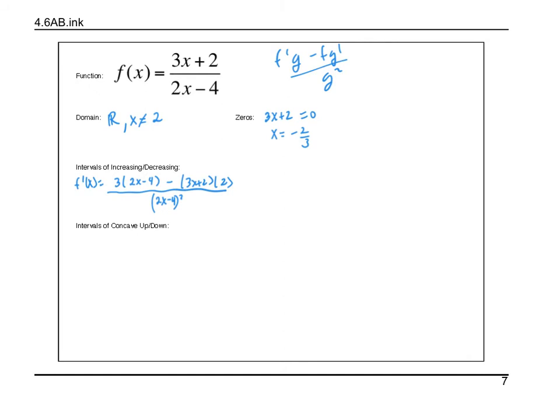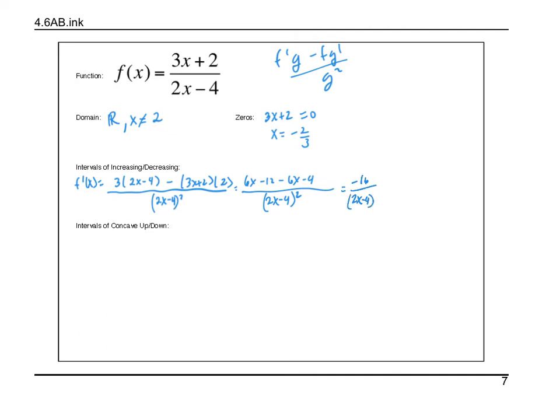So simplifying the numerator, you get 6x minus 12 minus, make sure you subtract both terms, 6x minus 4 over 2x minus 4 squared, which the 6x's go away, and we just have a negative 16.